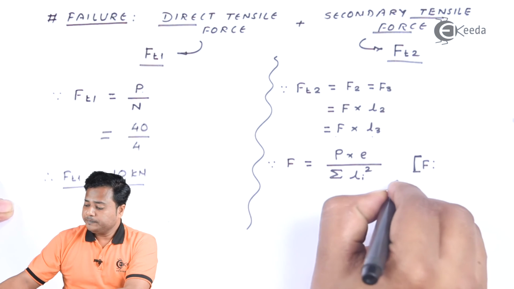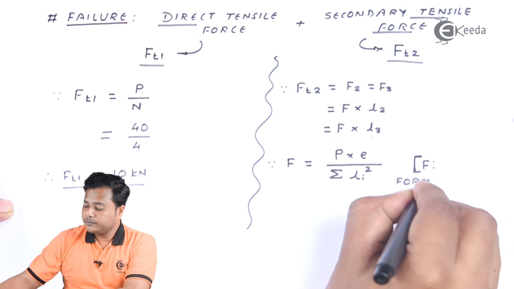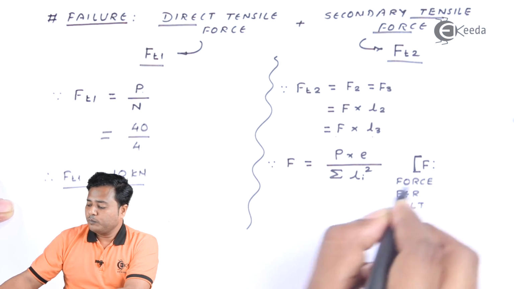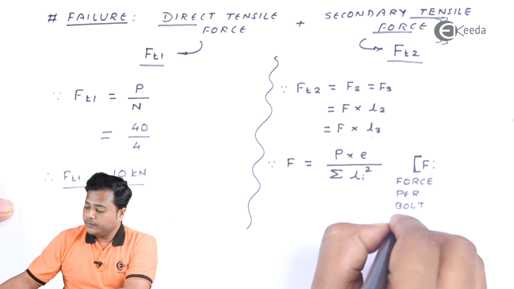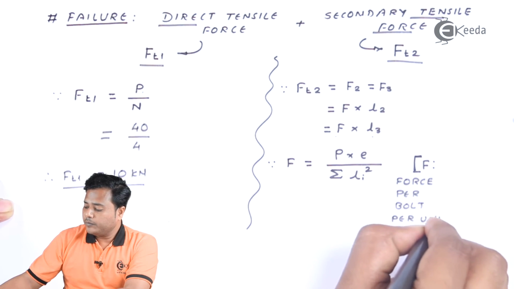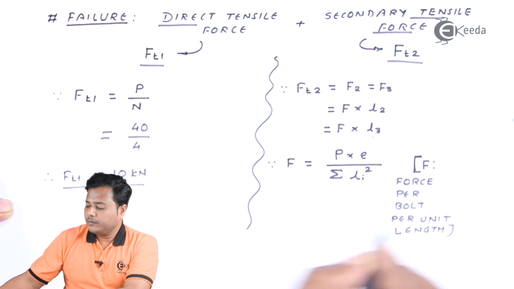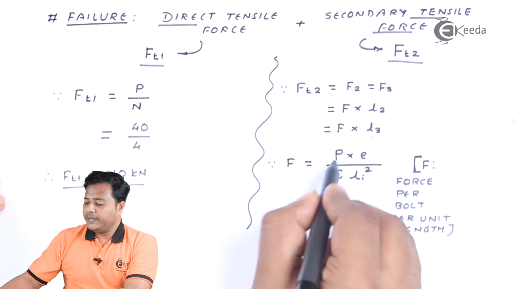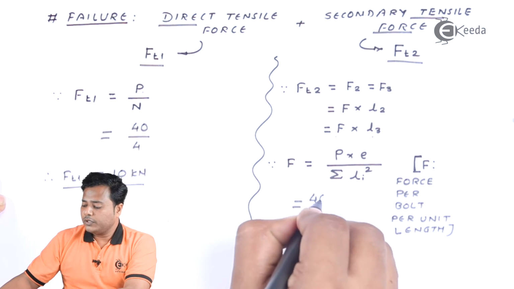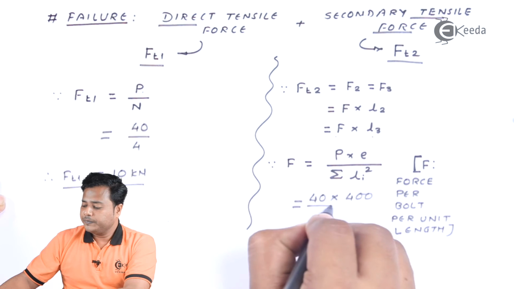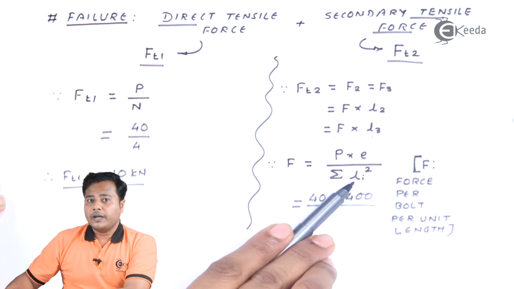So the force is the force per bolt per unit length, and that is how we are going to substitute the values. The total force given is 40 kilonewton, the eccentric distance given is 400 millimeter, divided by the summation of length squared. We have got 4 different lengths, so that is how we need to add them.